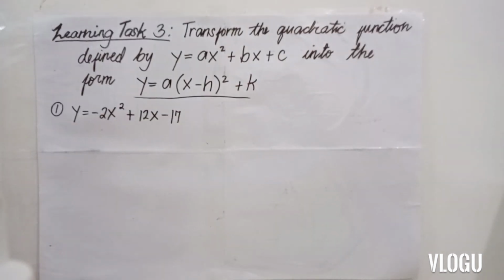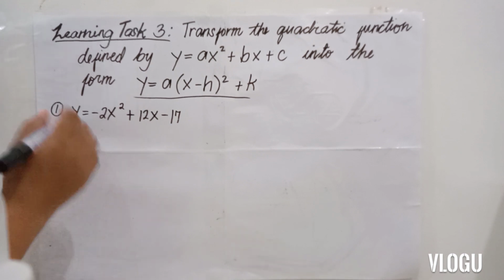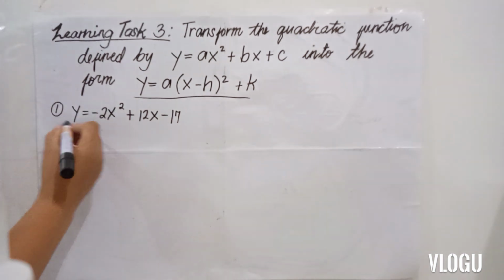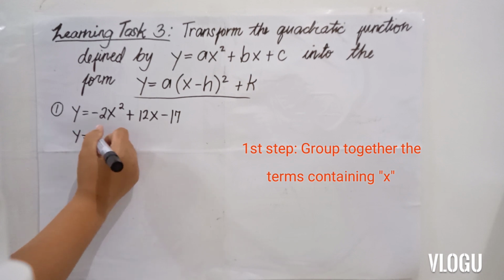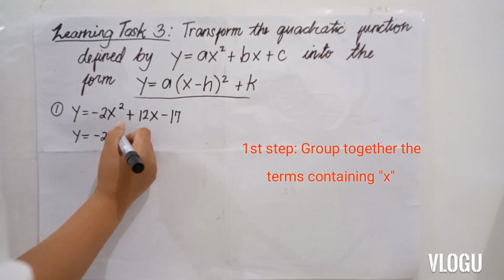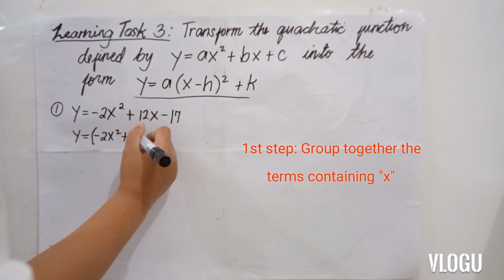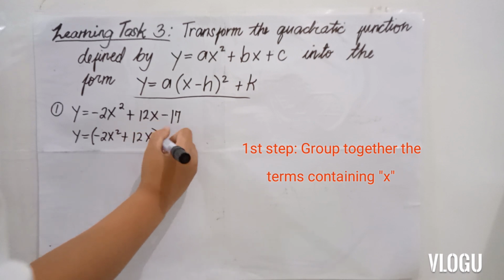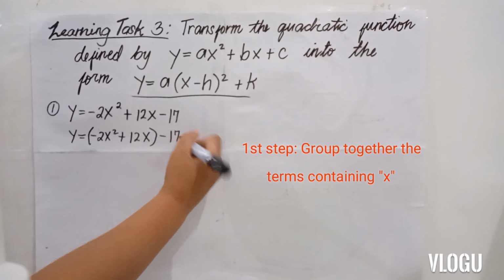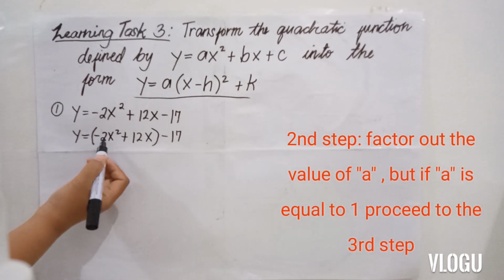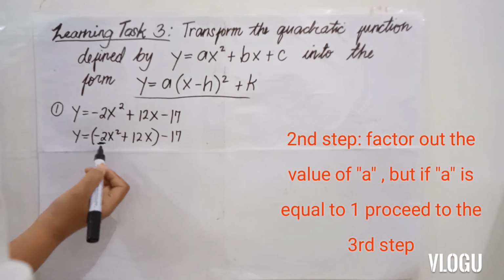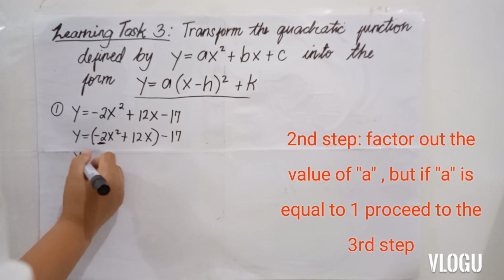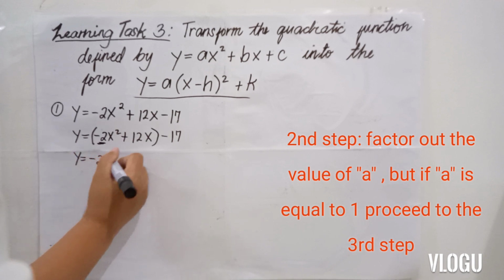So, the first thing to do is to group the quadratic term and the linear term. So we have y is equal to negative 2x squared plus 12x minus 17. And then, we need to factor out the value of a. Factor out natin. So we have y is equal to negative 2.